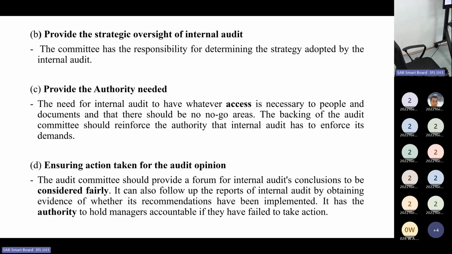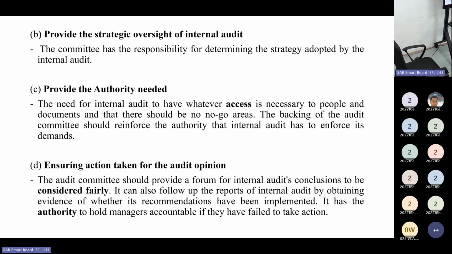The audit committee should provide a forum for internal auditors' concerns to be considered fairly. It can also follow up the reports of internal audit by obtaining evidence of whether its recommendations have been implemented. The audit committee will check whether the recommendations are implemented.